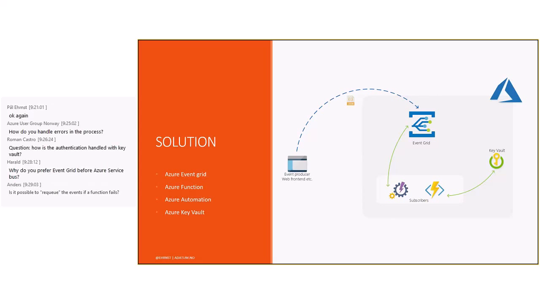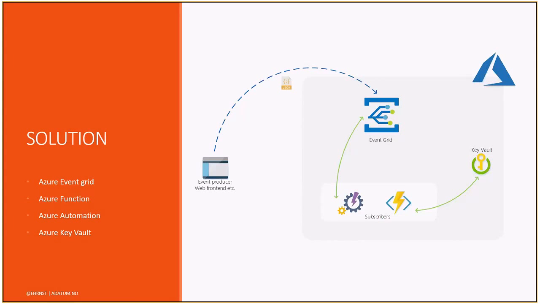Is it possible to queue the events if a function fails? No, it's not, or at least not that I've seen. Event Grid works that way that if you have a subscriber and the subscriber is successfully receiving the event, it will remove the event from the queue. So I can show that, not now.